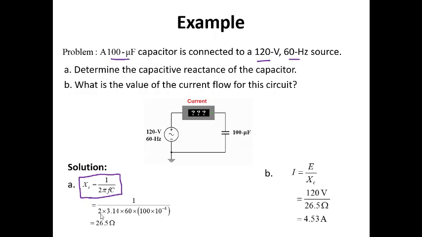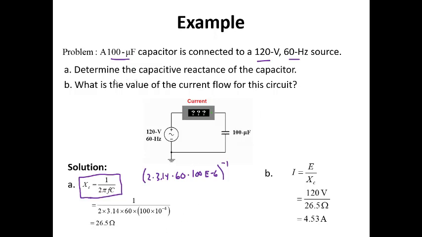On my calculator, I'll usually do it this way: 2 times 3.14 times 60 times 100, then EE negative 6, then I close the parenthesis and do to the negative 1. If you do that, you get 25.6 ohms.